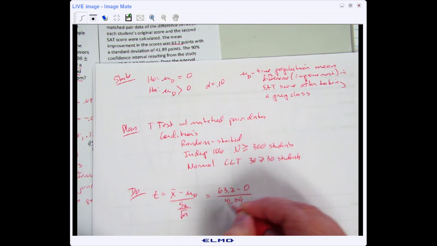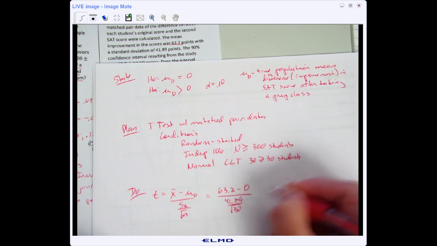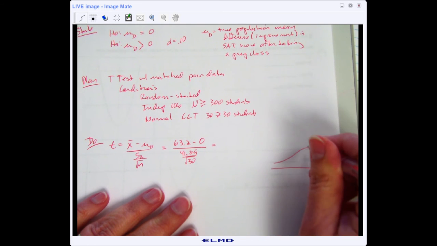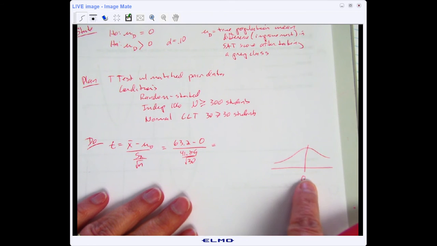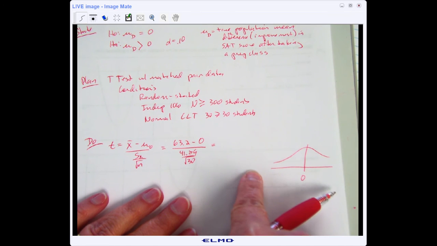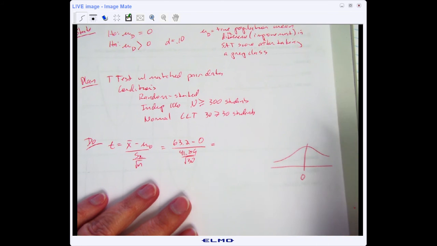Standard deviation of my sample is 41.89 over the square root of my sample size. If I drew this on the curve, I would set my mean at 0. Positive values will mean there was an improvement in score, negative values will mean there was not an improvement. My average improvement was 63.2, so I'm going to shade that way.